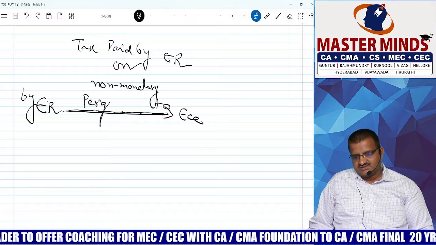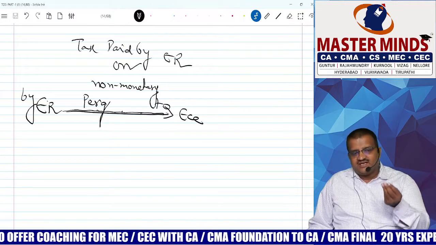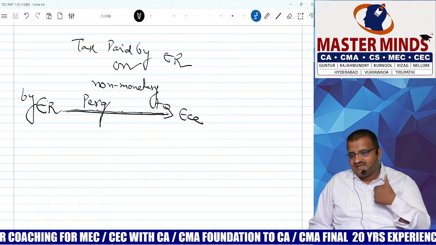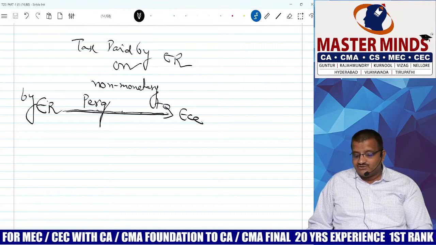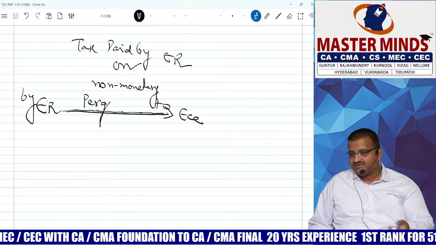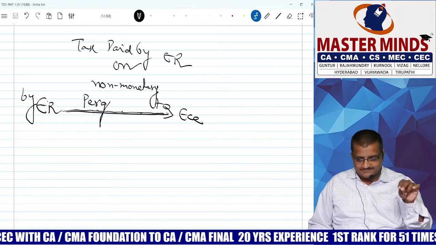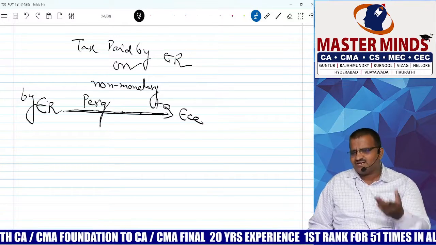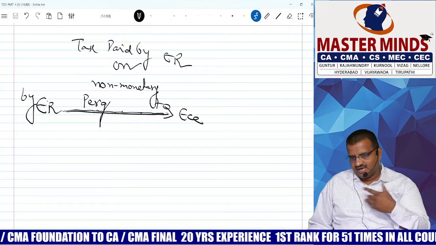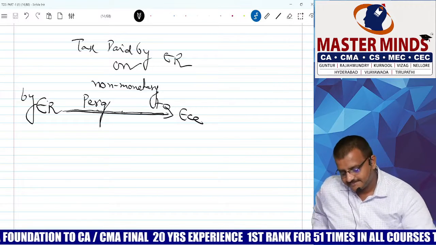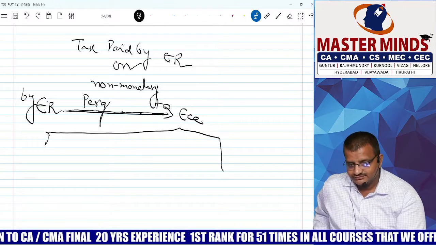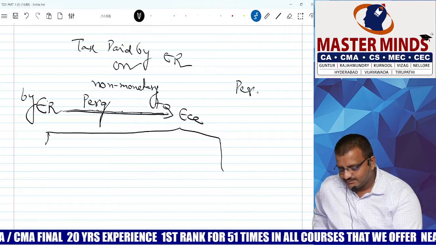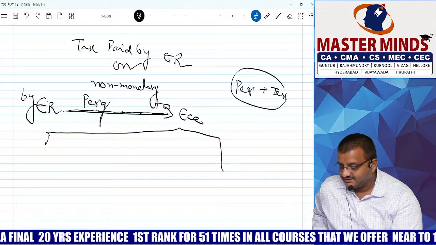Simple. To avoid unnecessary things, the employer voluntarily pays. Some student doubts, sir, but it is a loss. So what? You can't see everything in terms of money. For smooth functioning purposes, we will do it. I will pay the amount. Do you know how many benefits you are getting? Two: one is the perquisite, plus the tax. Correct?